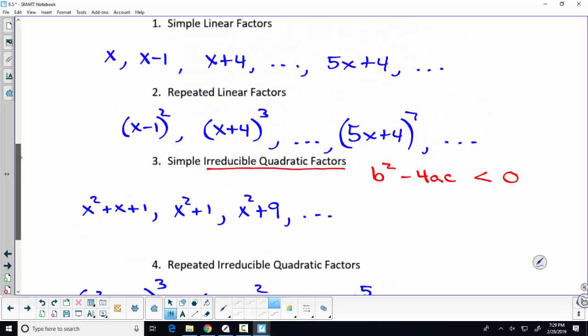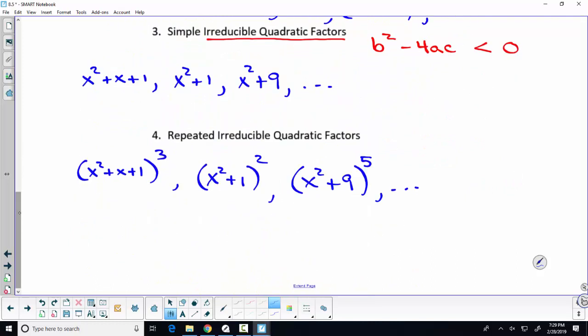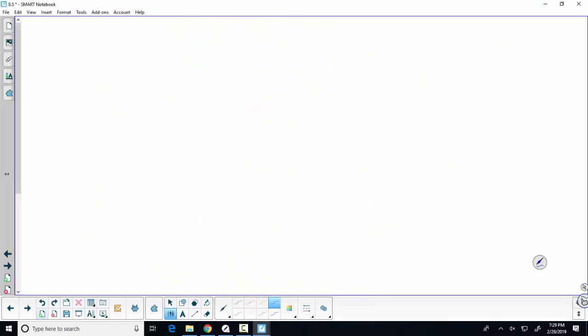So if I look through here, if you want to make a note on the handout, under your procedures, we have simple linear factors. We'll just look at an example of one of each just to see how that works.